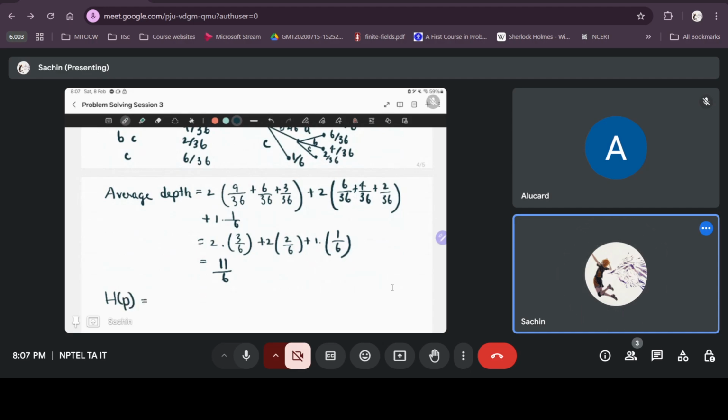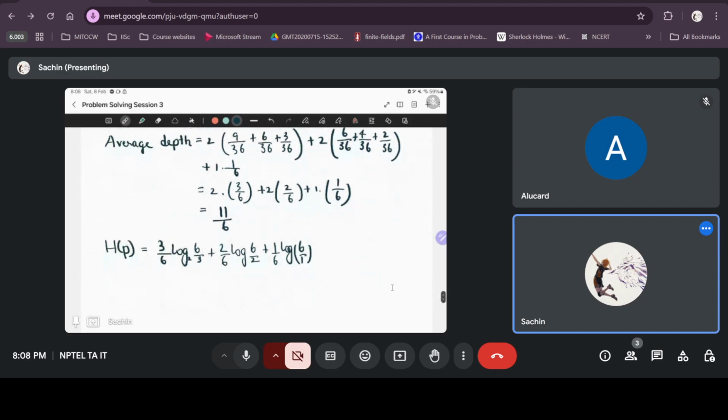The entropy of the nodes is 3 over 6 log 6 over 3 plus 2 over 6 log 6 over 2 plus 1 over 6 log 6 over 1, which is half plus log 3 divided by 3 plus 1 by 6.